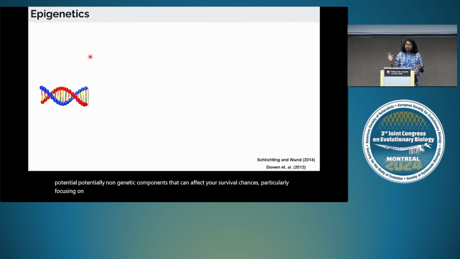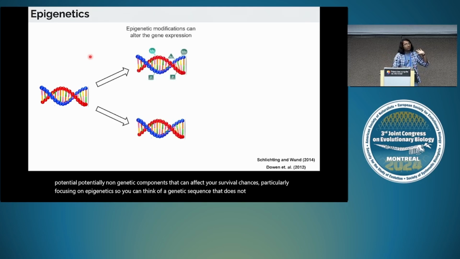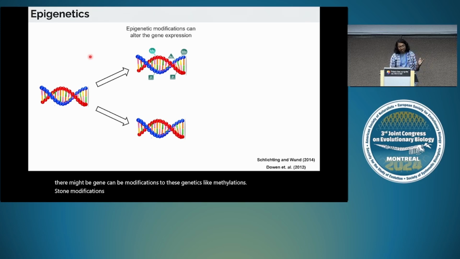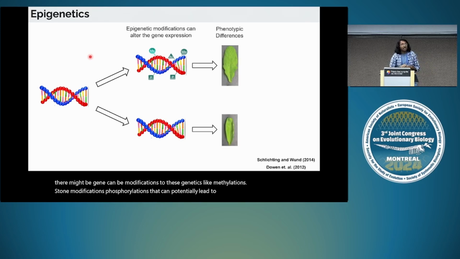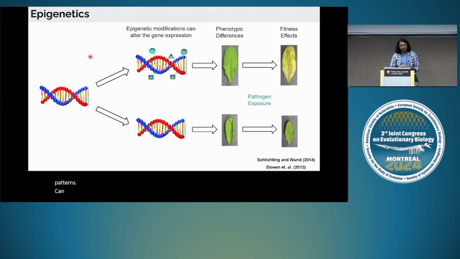So you can think of a genetic sequence that doesn't change. However, there can be modifications to these genetics, like methylations, histone modifications, and phosphorylations, that can potentially lead to phenotypic differences. Here is an example of a plant that shows differences in leaf patterns, which can react differently to environmental changes. Here you can see differences because of pathogen exposure.